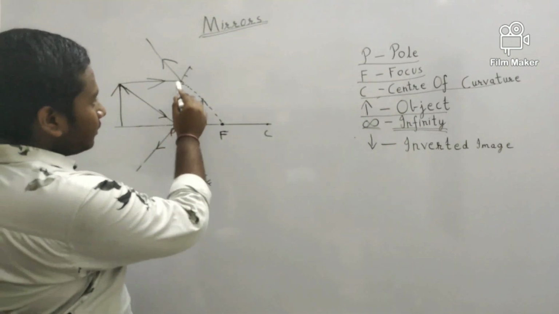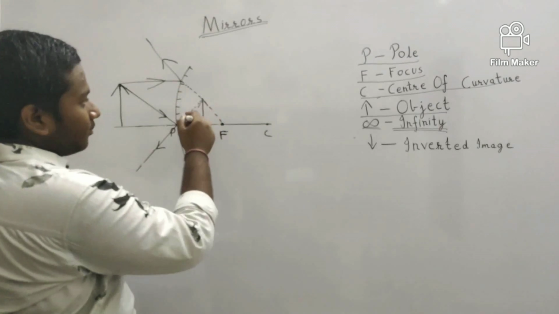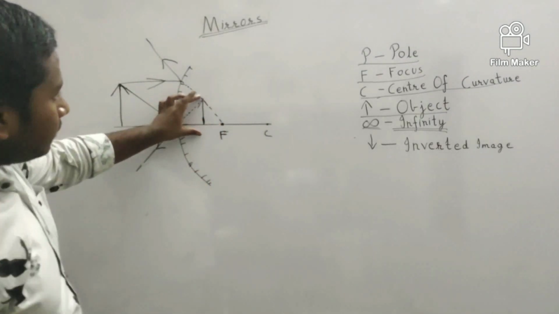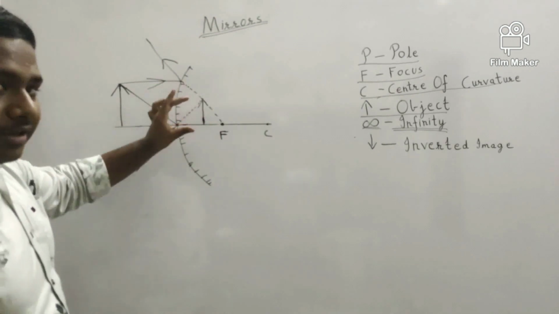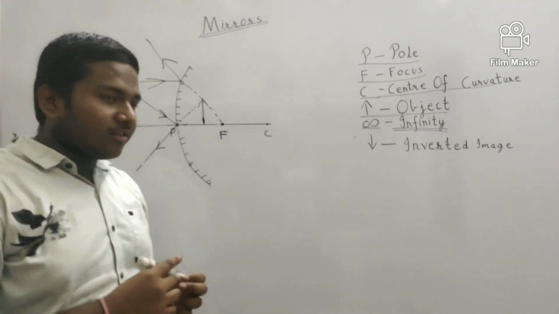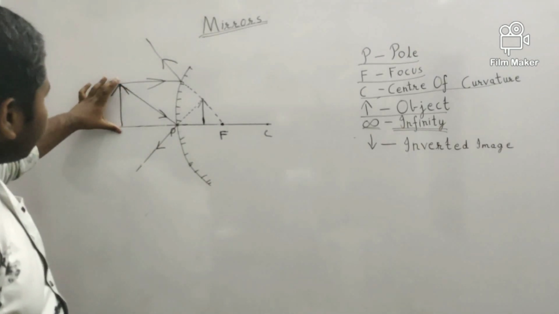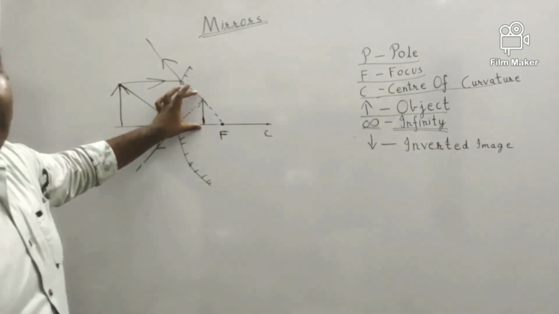If we extend both rays backward, we will find the image behind the mirror between pole and focus, and the image will be diminished. It will be small in size. That means the image is this much, the object is this much big, and the image will be small compared to the object.